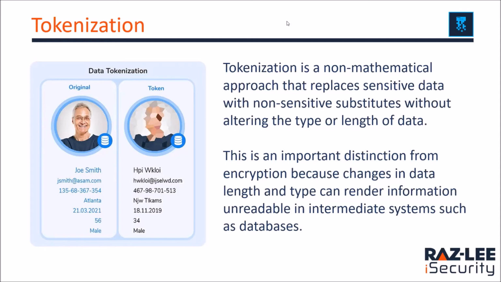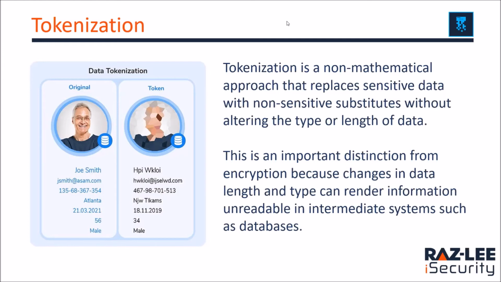But in tokenization, it's a different approach. It replaces sensitive data with no sensitive substance. So the type of the field and the length of the data are still the same. And this is really important because it's a way that you can render the information and you make the information unreadable.